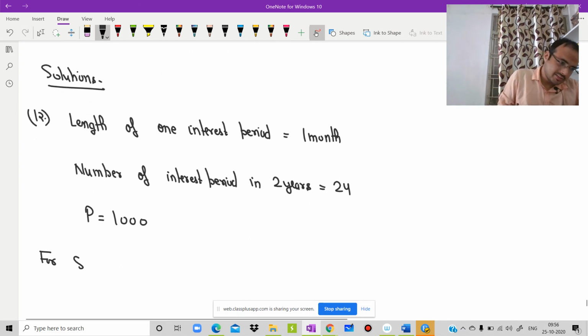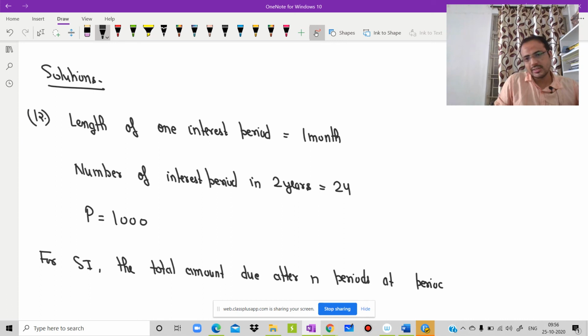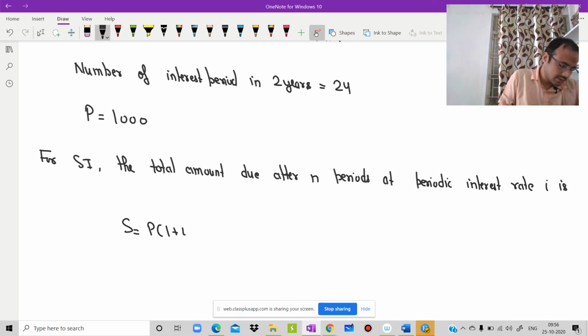So for simple interest, the total amount due after n periods at periodic interest rate I is S equal to P into 1 plus I into n.